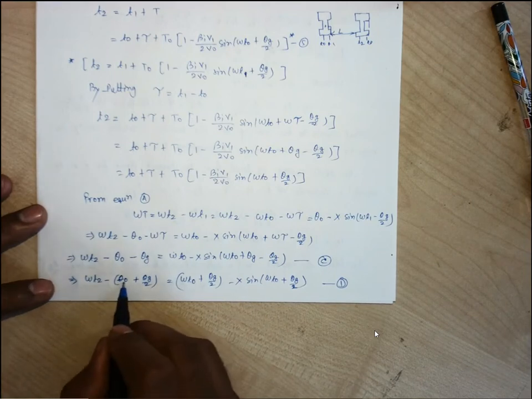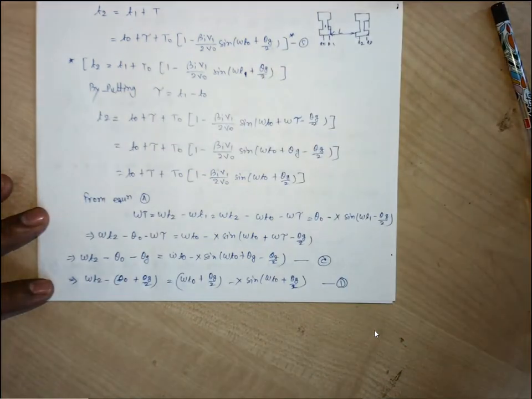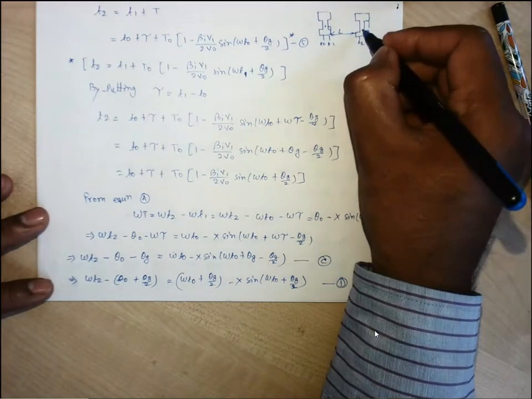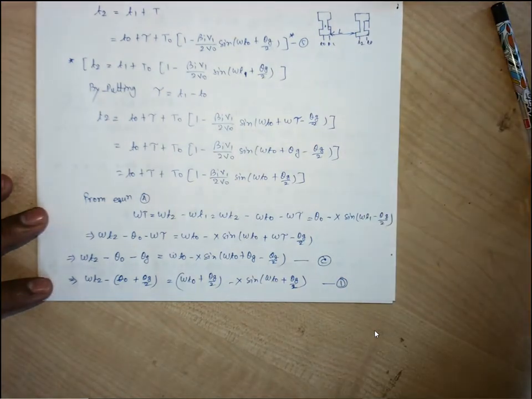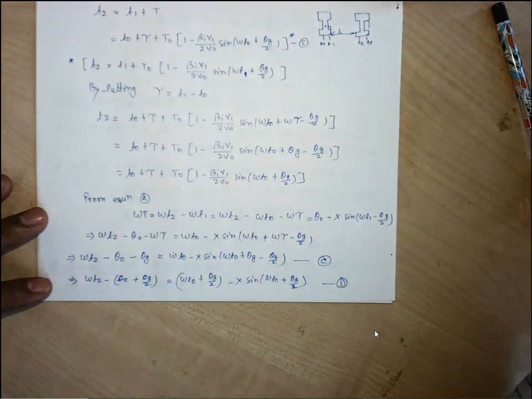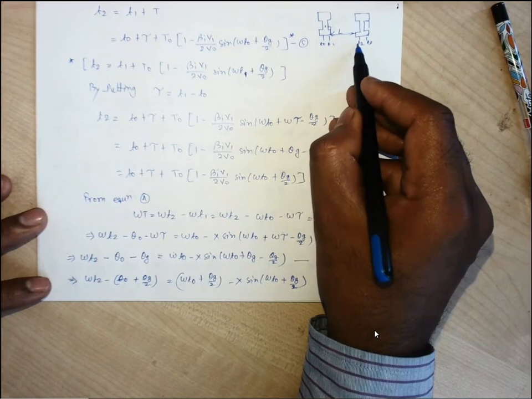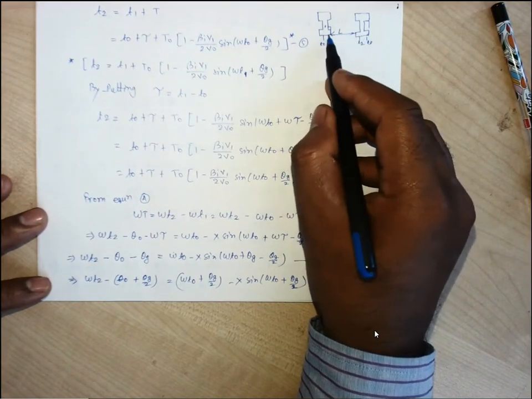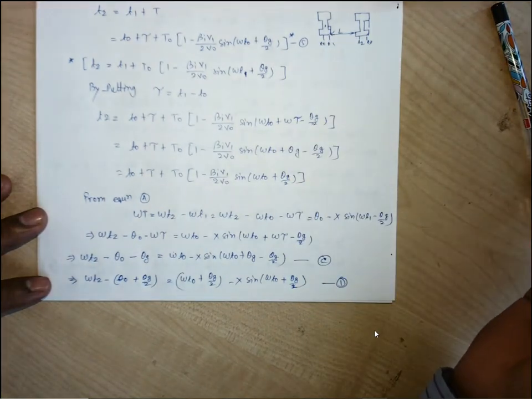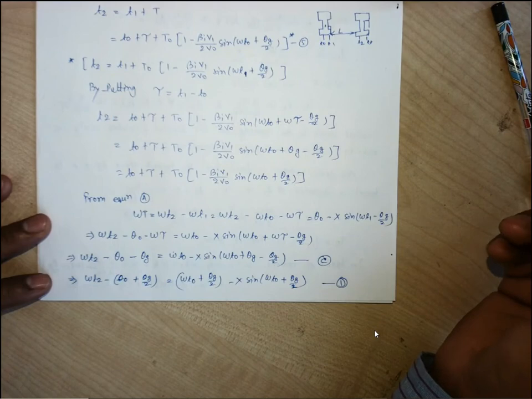Theta naught is the time period to drift through this length L, plus theta g by 2, which is half of the total time required in the gap. So t2 minus this length plus theta g by 2 is the time when the electron beams appear at the catcher cavity.